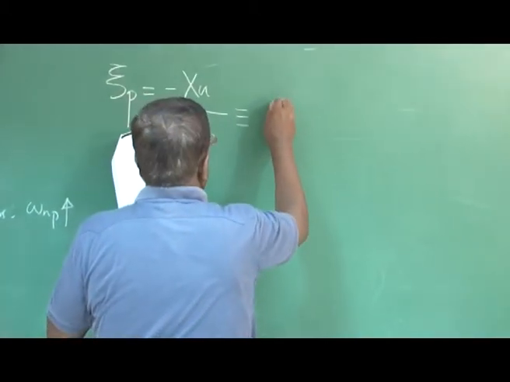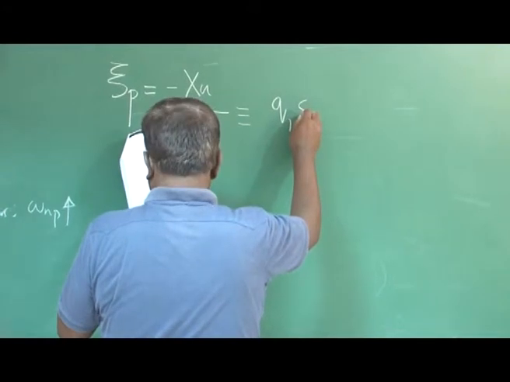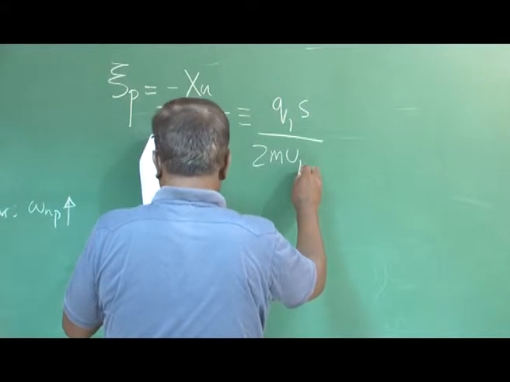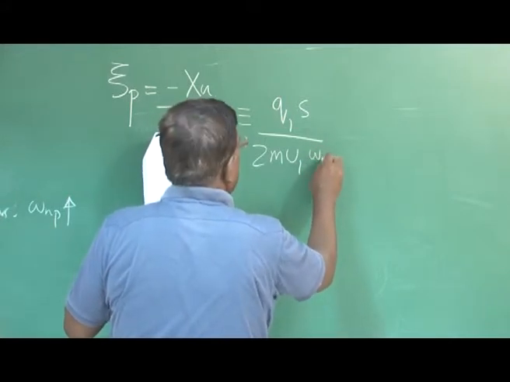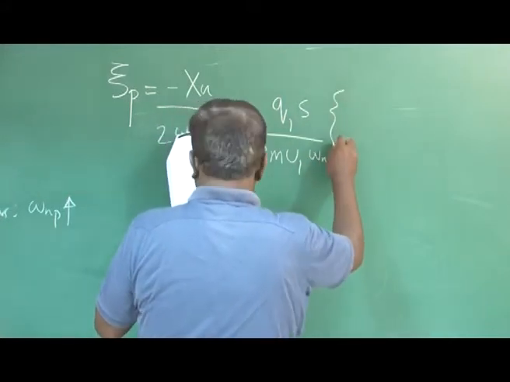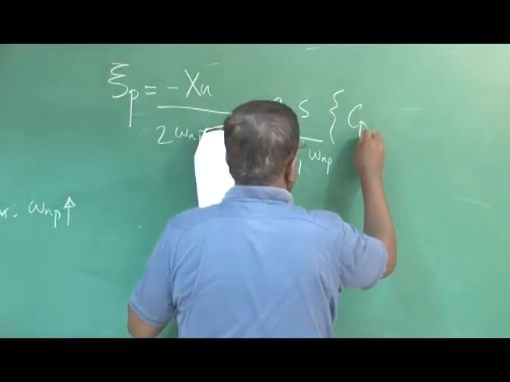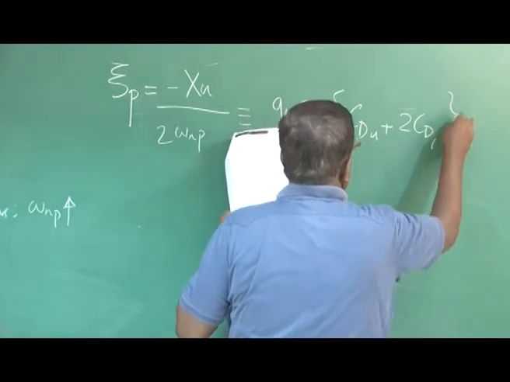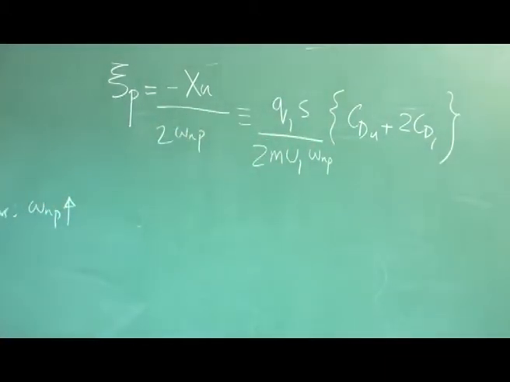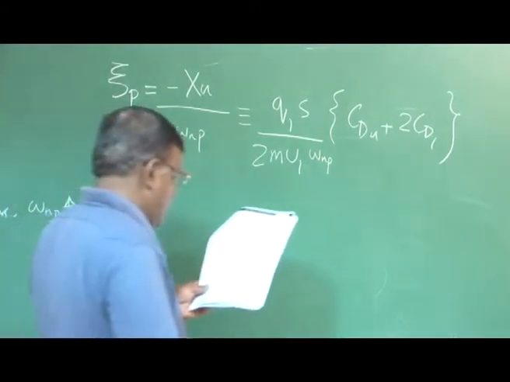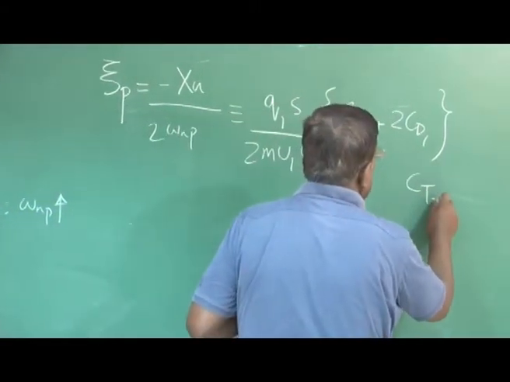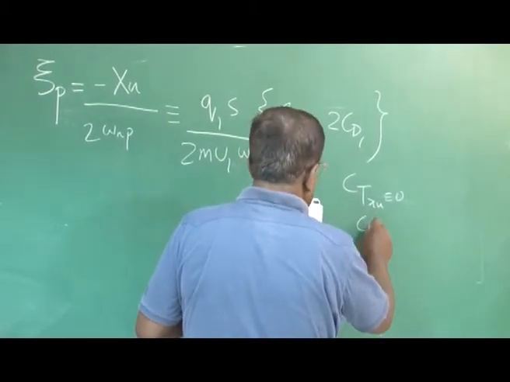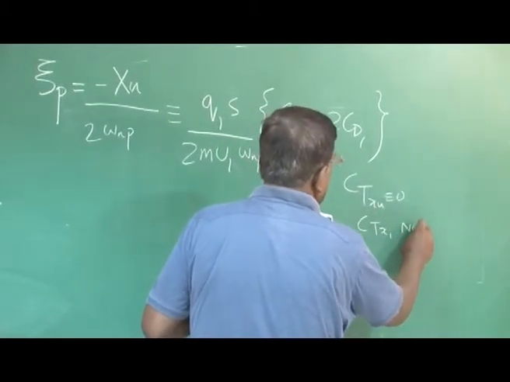So I will get Q1s by 2m u1 omega np, and here I put CDU plus 2 CD1. Right. I am not taking the thrust effect. Please understand, I am taking CTXU identically equal to 0, and CTX1 is also not considered.